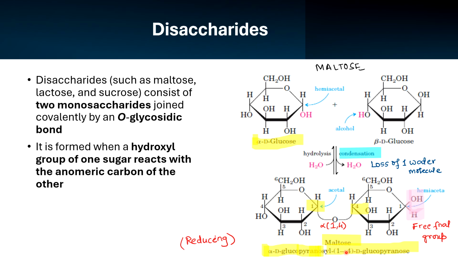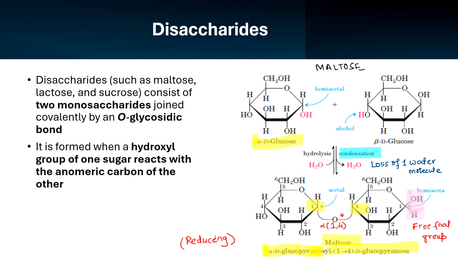So in this case, we have C4 reacting with the C1 anomeric carbon. So what will happen? A water molecule will be lost and condensation of two monosaccharides will take place. As a result, a glycosidic bond will be formed between the C1 anomeric carbon of one sugar and C4 of the second sugar.